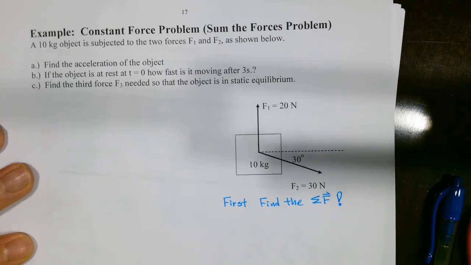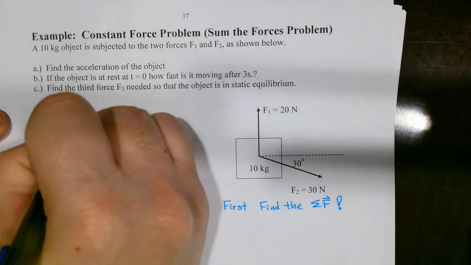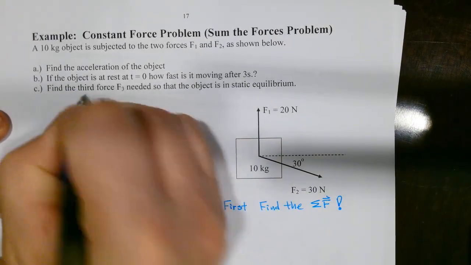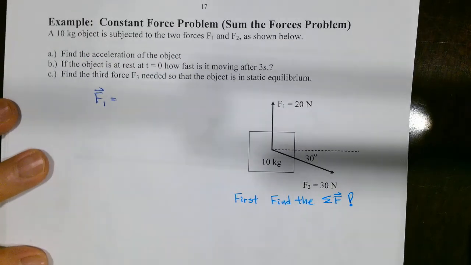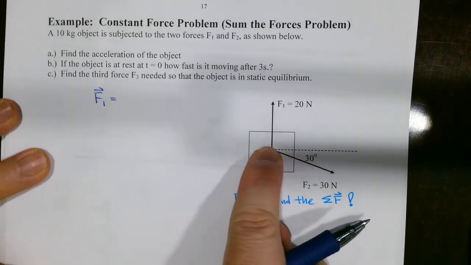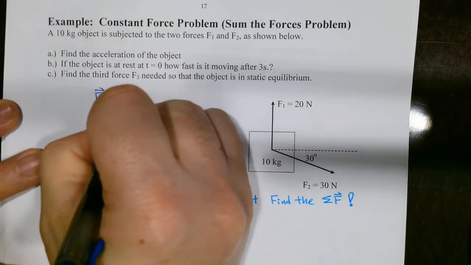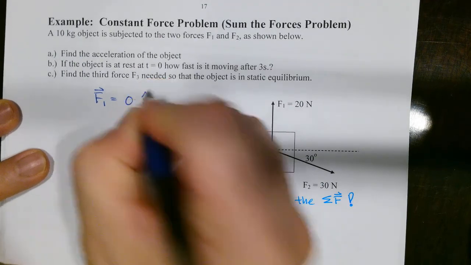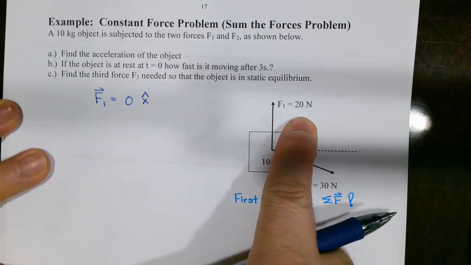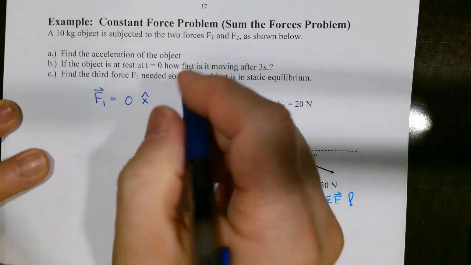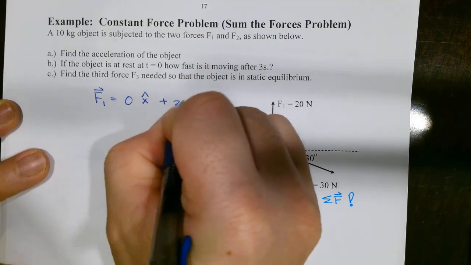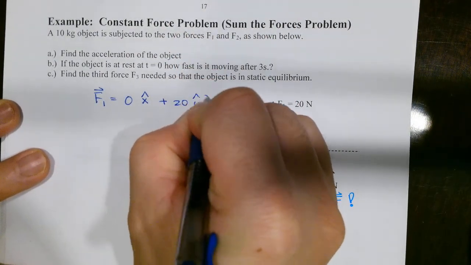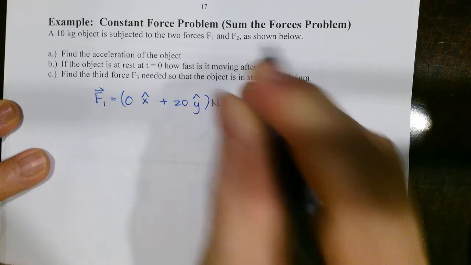So let's calculate what force 1 is going to be in Cartesian form. We know it's not going to be going in the x-axis. So it's 0 x hat, 20 newtons in the y direction. So it's positive 20 y hat newtons.